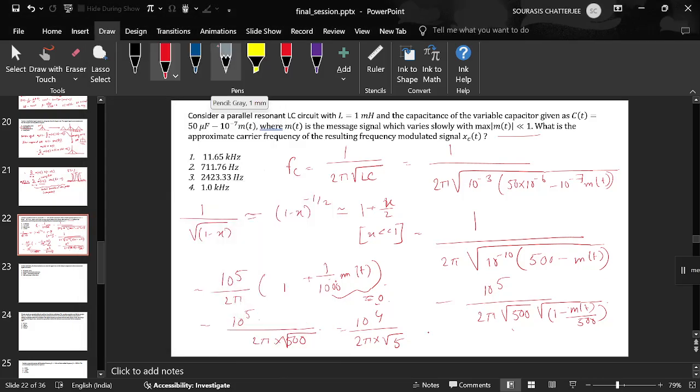It's 711.76 hertz. So this second option is the correct one here.